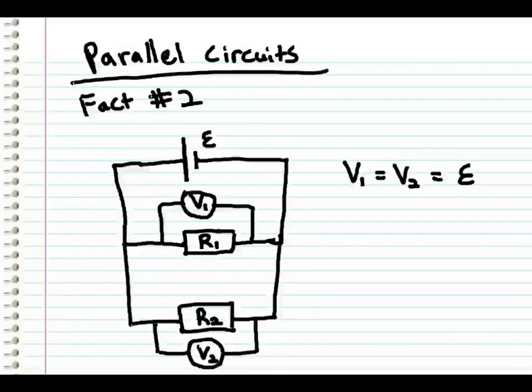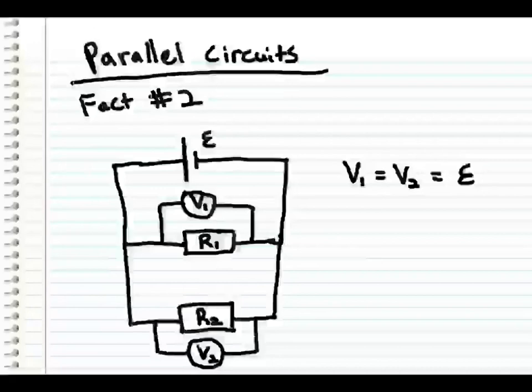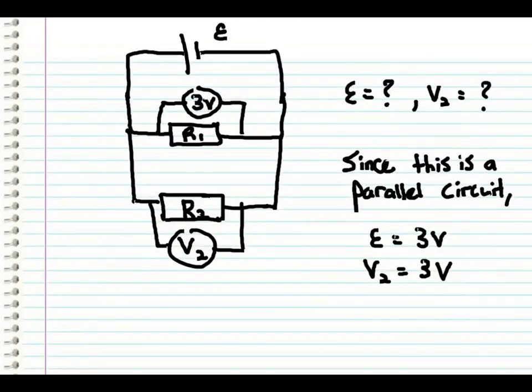Now for fact number 2: when you have resistors arranged in parallel, the potential difference across each resistor is the same as the EMF of the battery. Now let's take a look at this question.